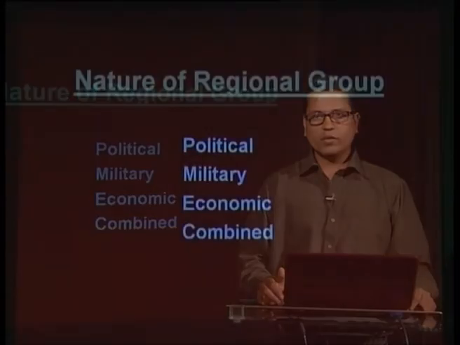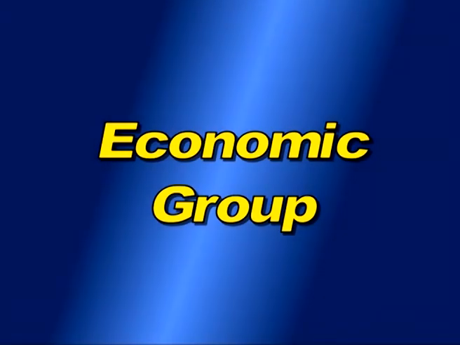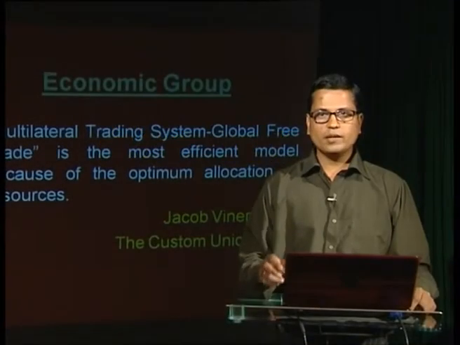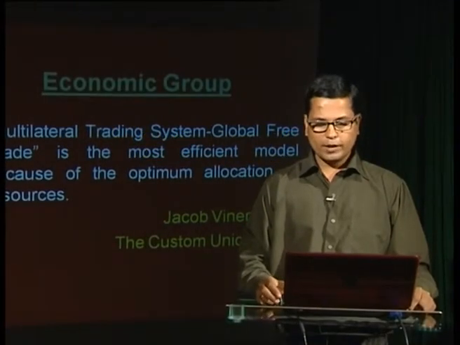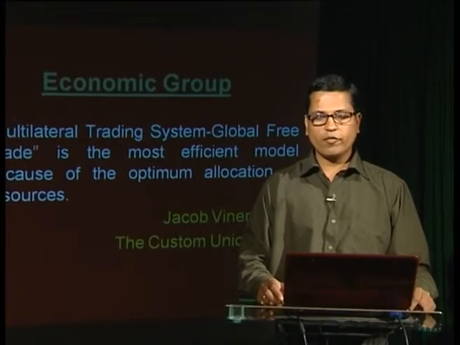Of course, as students of economics, our interest is in the economic nature of regional groups. If you look at the economic group, then the significance of the regional economic group is explained by Jacob Viner in The Customs Union Issue, 1950.